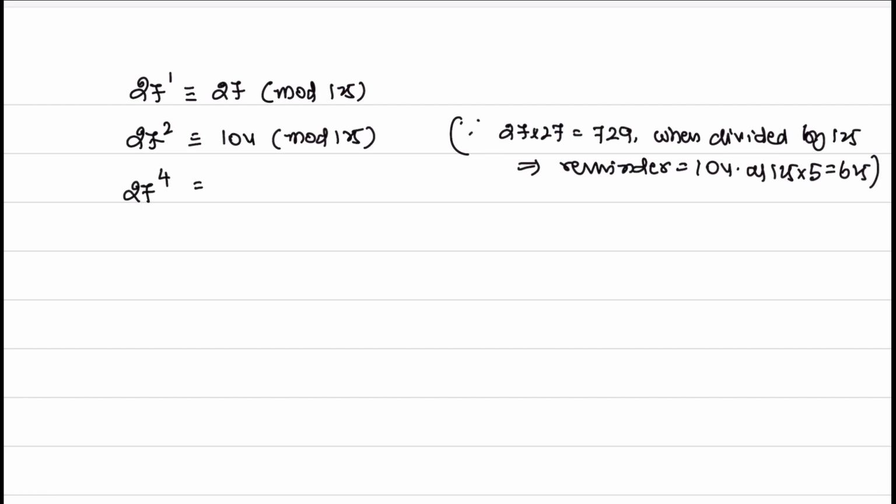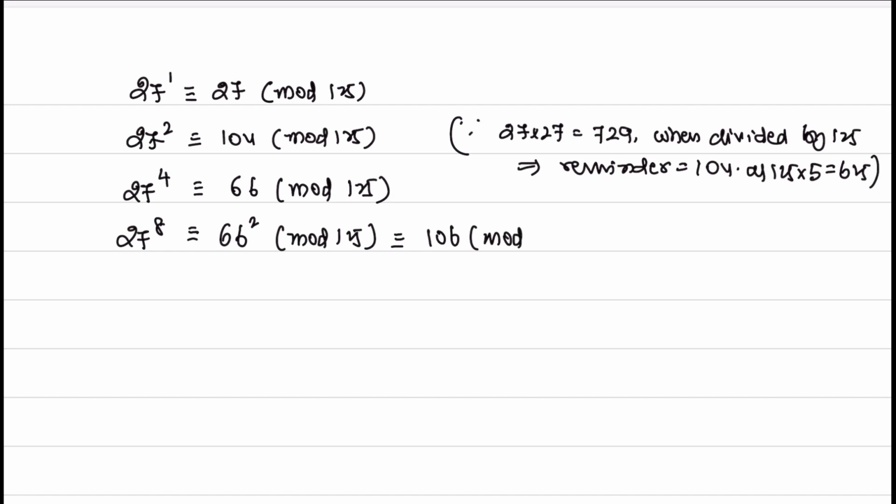27 to the power of 4 is equivalent to 66 mod 125. 27 to the power of 8 is equivalent to 66 square mod 125, that is equivalent to 106 mod 125. 27 to the power of 16, similarly 106 square mod 125, is equivalent to 111 mod 125.